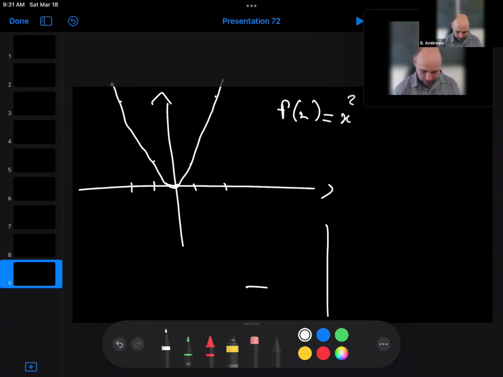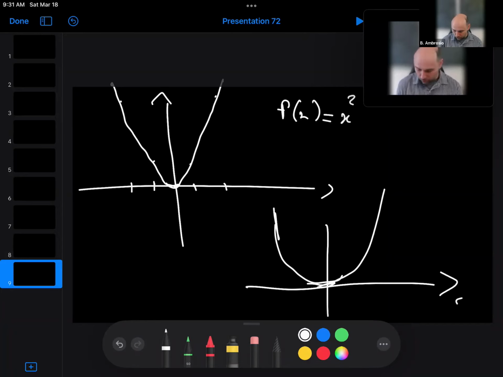Let's say it has more of this shape. So you have a way to represent functions: you put the x here and the y here, and you all know that. And here is the shape of the function f of x equals x squared.